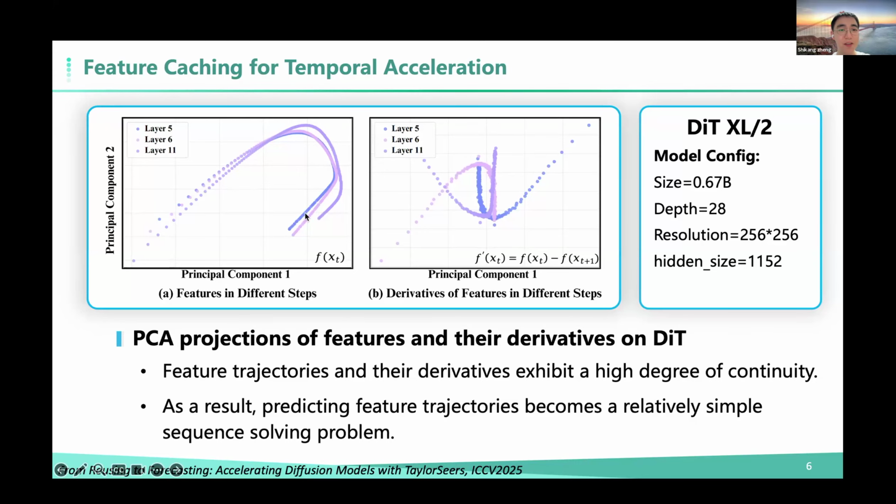The trajectories are pretty continuous, and the derivatives of the trajectories are also continuous. As a result, we can formulate predicting these continuous feature trajectories as a sequence solving problem, like a time series problem.